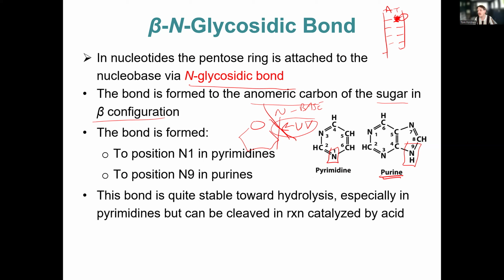Well, your body can go back and repair it, because it knows, well, here, this is A, which means this must be T. And so it can go in and insert a new T. This is quite important, but in general, it's fairly stable, and it's got to be.